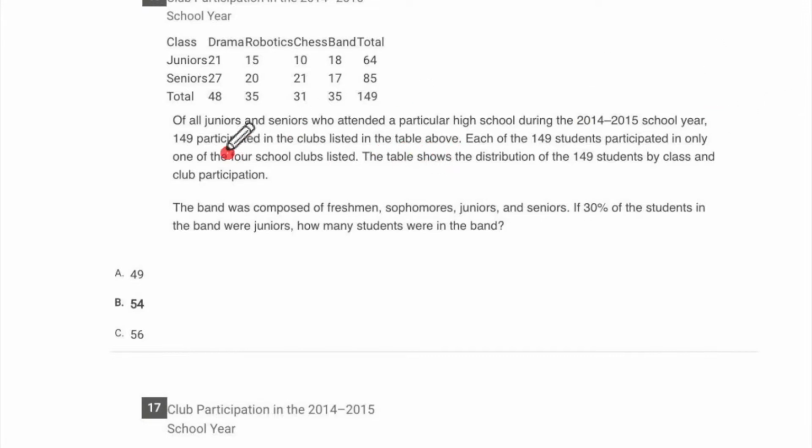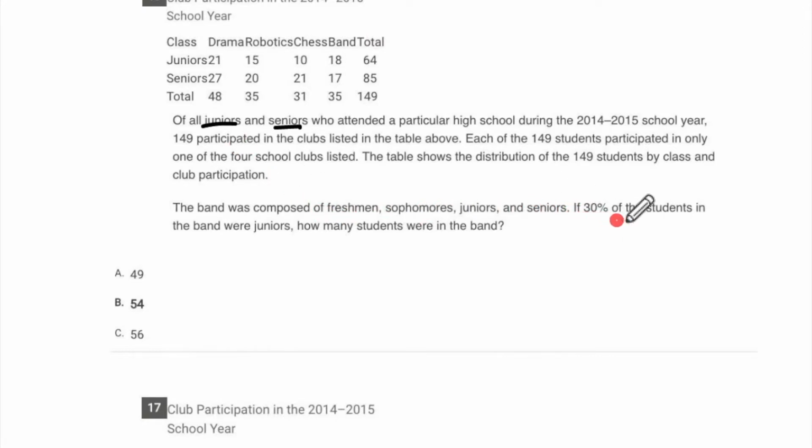So just note, first of all, these are only juniors and seniors that are in the chart. Each of the 149 students participated in only one of the 4 school clubs listed. The table shows the distribution of the 149 students by class and club participation. The band was composed, even though it's not on this chart, of freshmen, sophomores, juniors, and seniors.